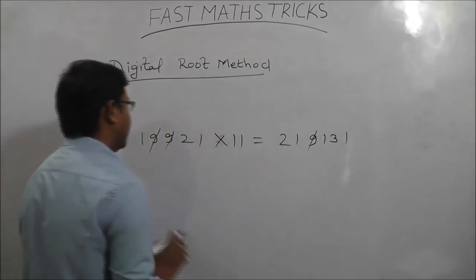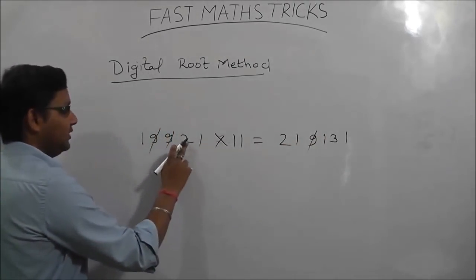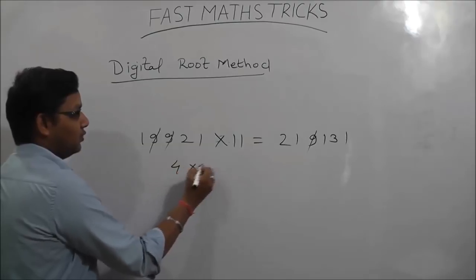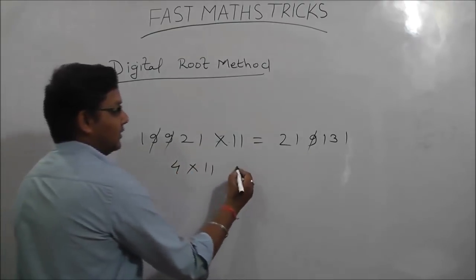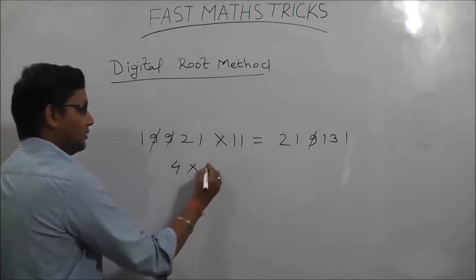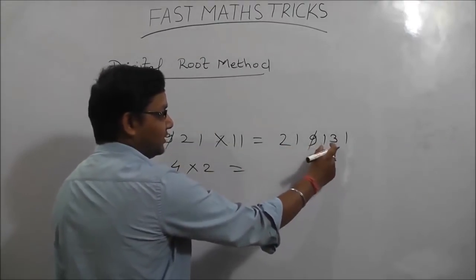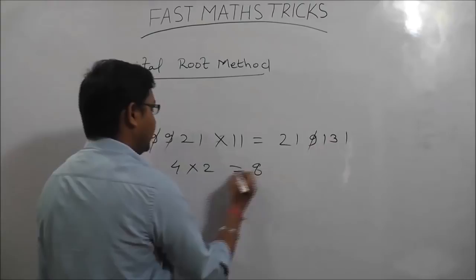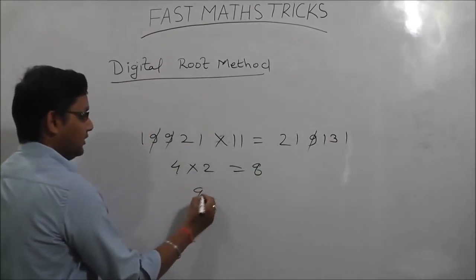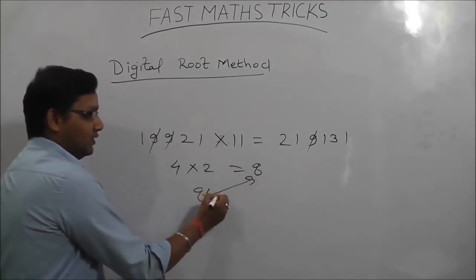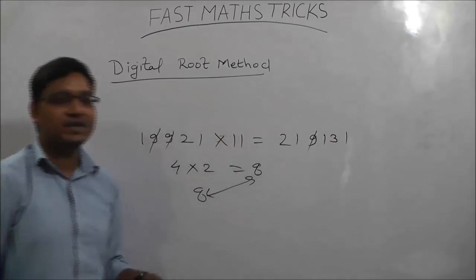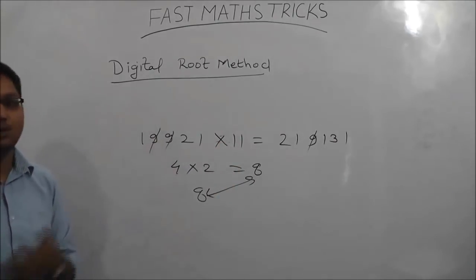So 1 plus 2, 3, 3 plus 1, 4. 4 into 11: 1 plus 1, 2. So 4 into 2, 8. And this side also 8. So in this way, we can verify each and every answer by the digital root method.